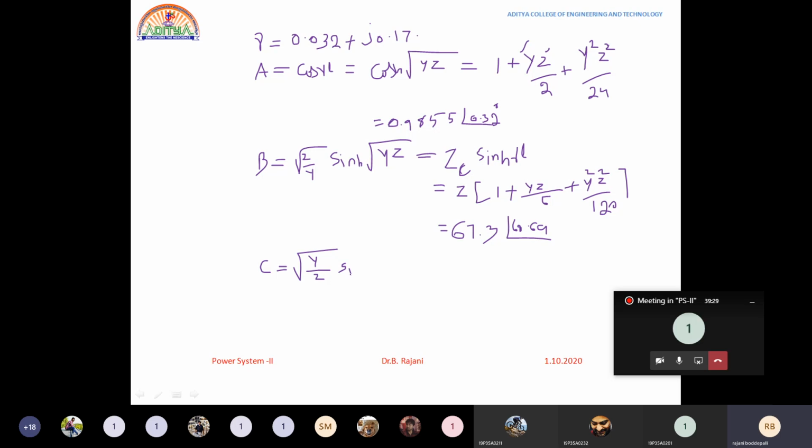Again, sine hyperbolic, sine hyperbolic root over yz.